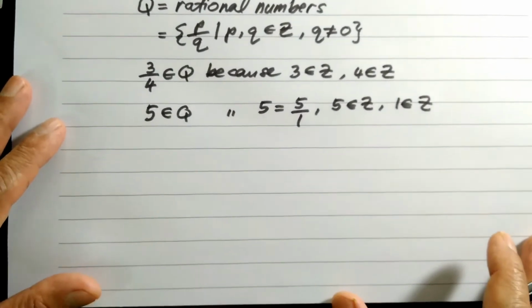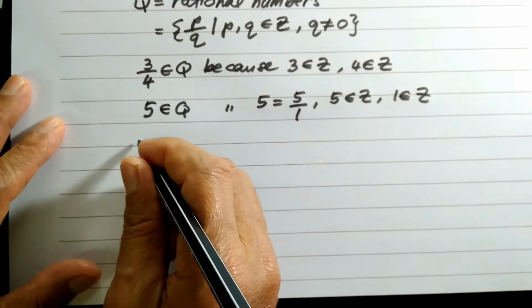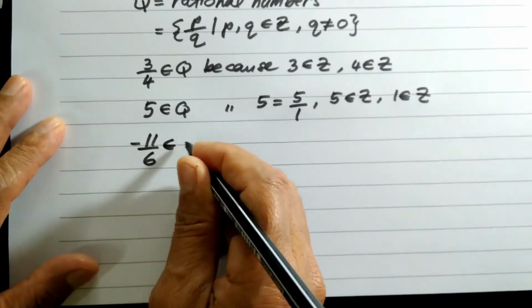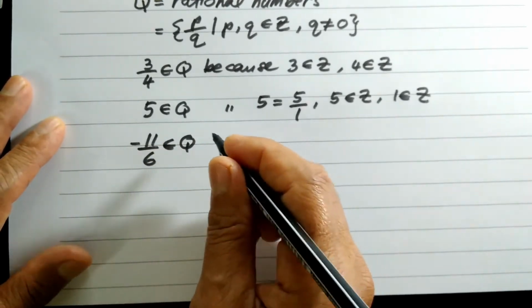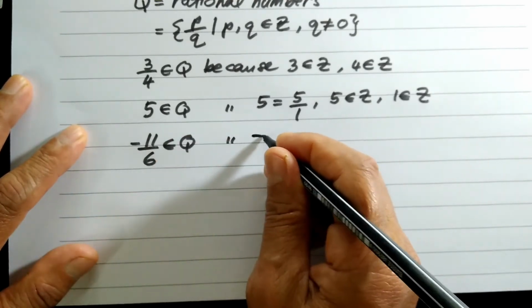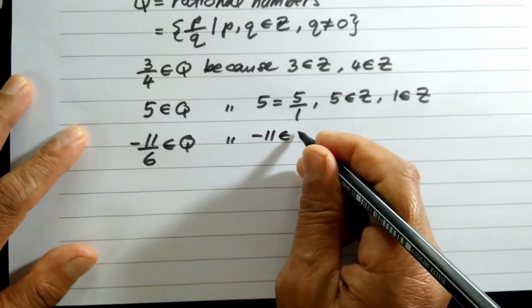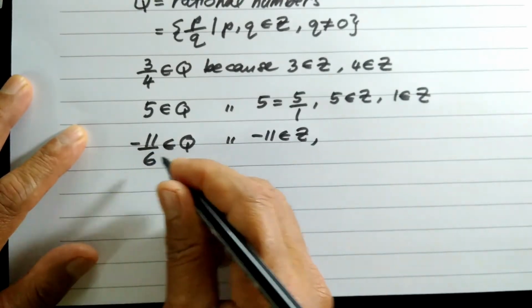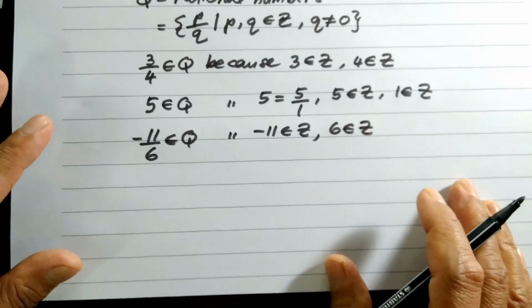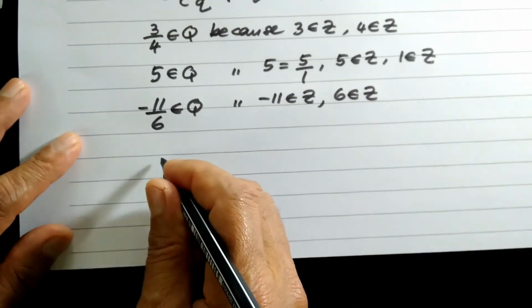Now, how about a negative fraction like this, negative 11/6? Is this number rational? The answer is yes, because negative 11 is an integer, right? 6 is also an integer.